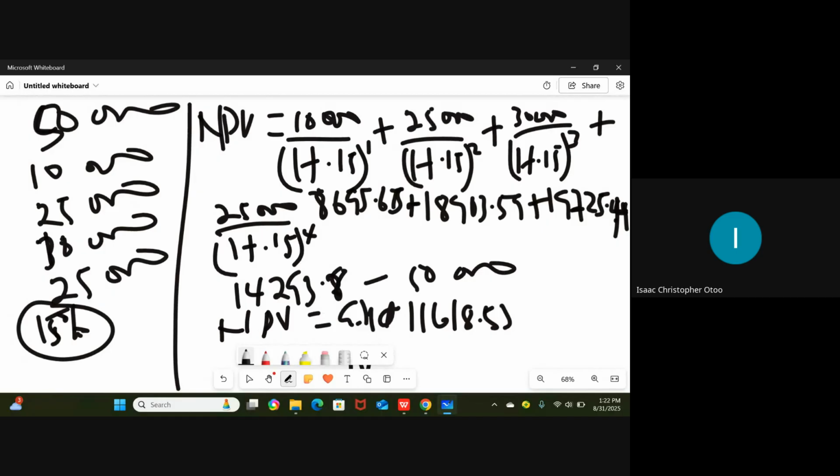I want somebody who is using 25%. So let's start from between 18 to 25. That one is a trial. Let's see whether we'll get negative.